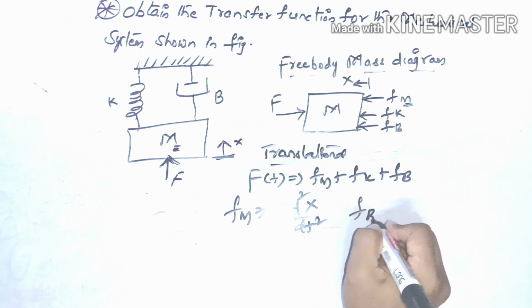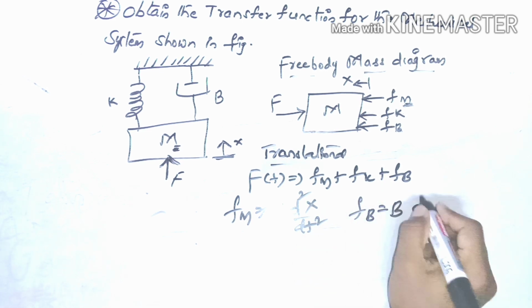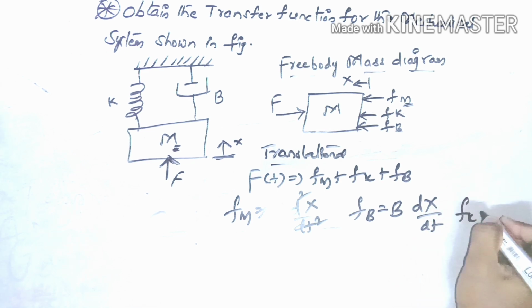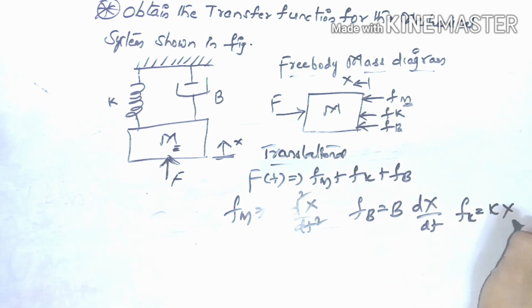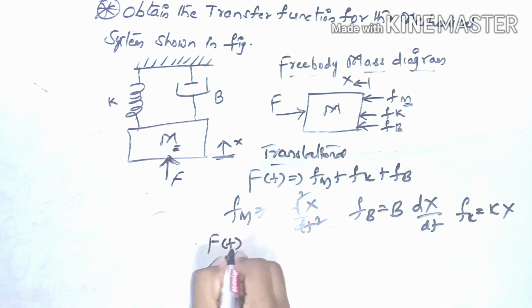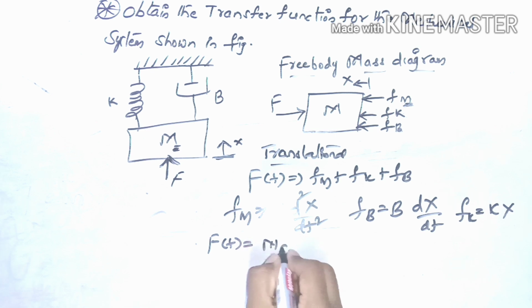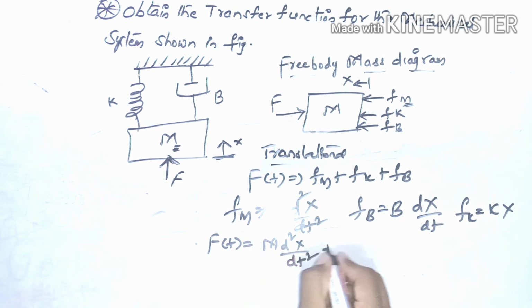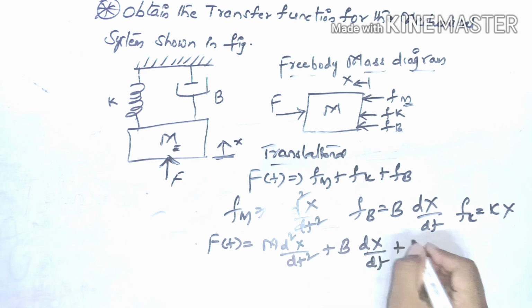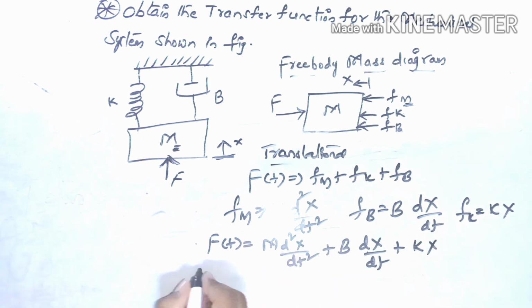The force due to viscous friction Fb equals b into dx by dt. And the force due to the spring constant k equals k into x. Simply substitute in this equation: F of t equals m into d square x by dt square plus b into dx by dt plus k into x. Now apply the Laplace transform.